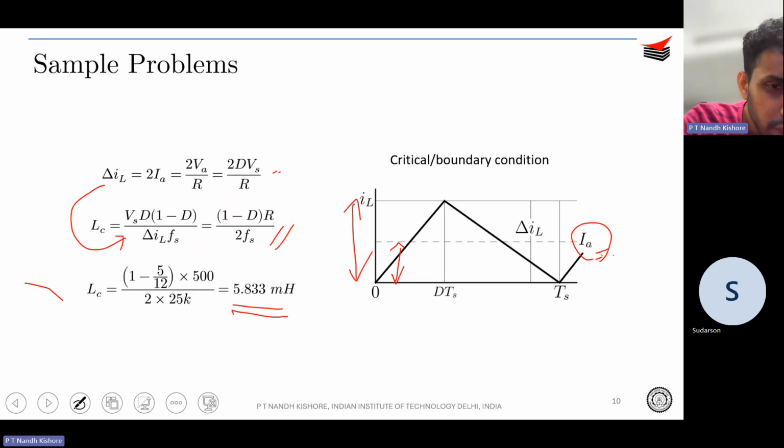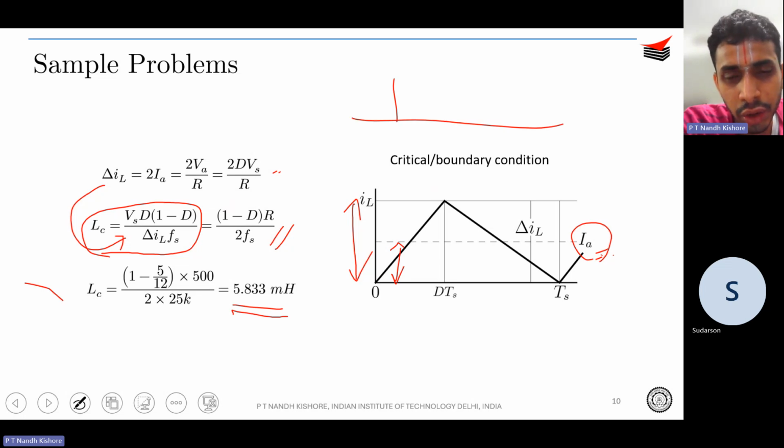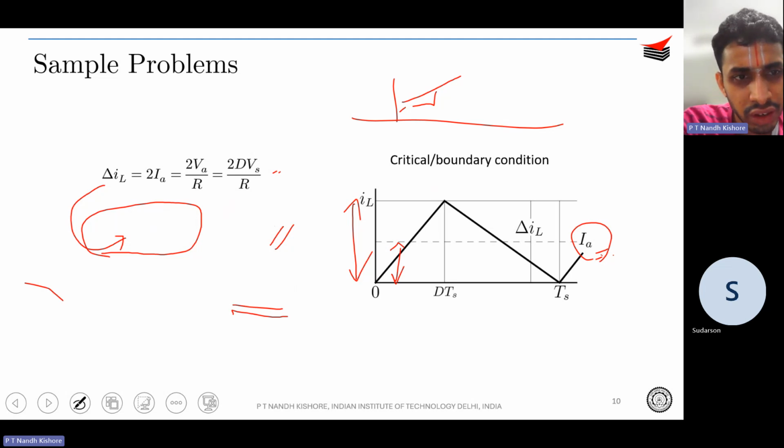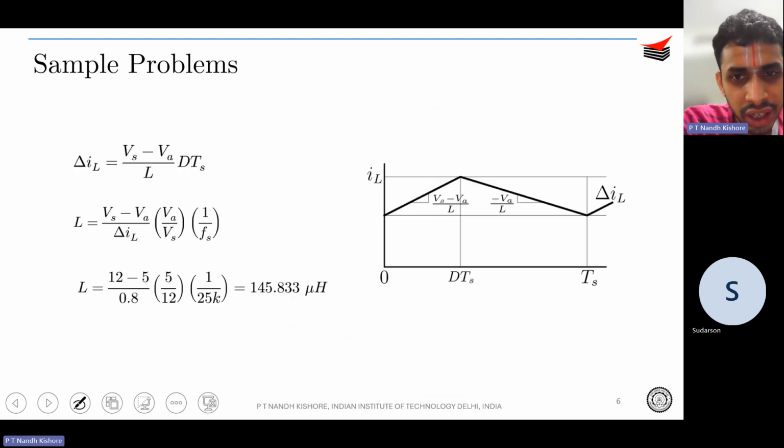In case you are not aware of this formula, no need to worry. Just plot the inductor current curve. You know that during the on period, the voltage across the inductance is Vs minus Va, divided by L, right? With this relationship, delta IL is Vs minus Va by L into dTs.